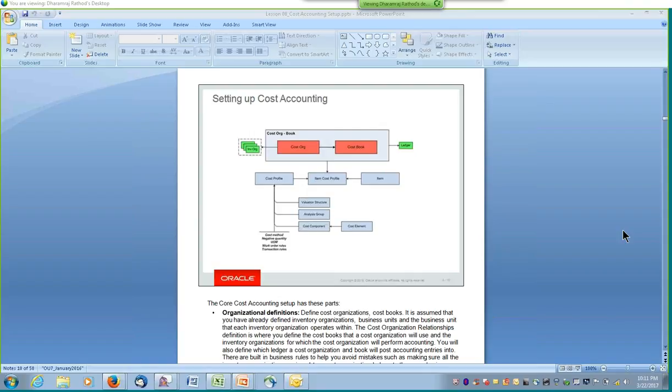So you would have periods, even if it is a ledgerless book. Ledgerless cost book, you would have periods associated to those as well. So it is always in context of cost organization and the cost book. And then the cost organization will have various inventory organizations. You can use the transactions coming from those inventory organizations and do costing and accounting for those inventory transactions using the periods associated to the cost book and the cost organization.